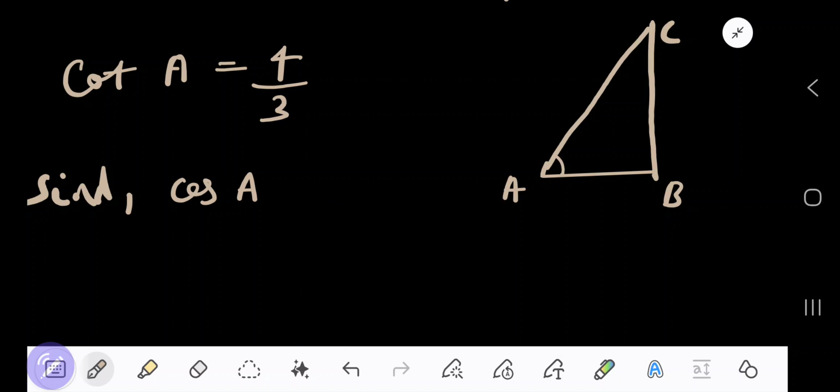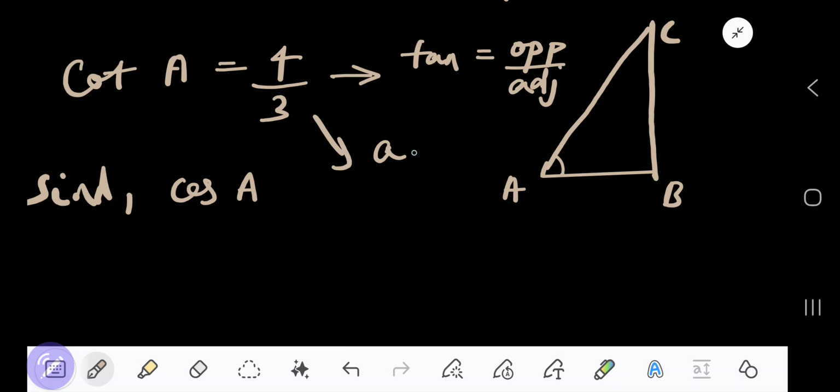Okay, so what is cot? Cotangent is the opposite of tangent. What is tangent? Tangent is just equal to opposite by adjacent. Therefore, cotangent is just adjacent by opposite. That means, taking this as the reference angle, adjacent means this side.